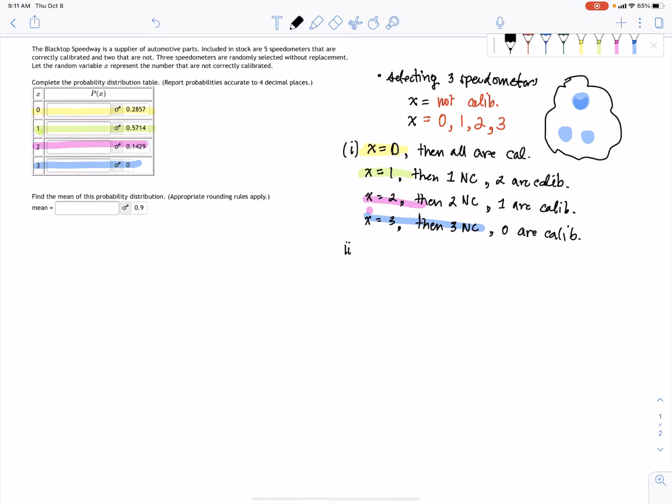The second part, these are all little notes we can make mentally, of course, but the second part would be kind of gathering the data they gave us, right? So they said that 5 speedometers are calibrated and 2 are not.